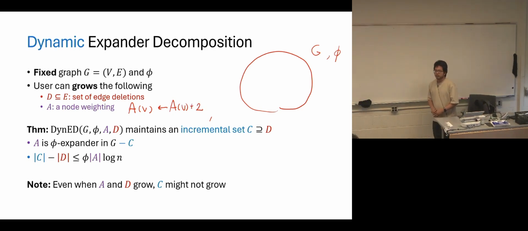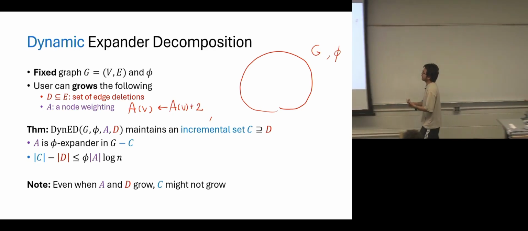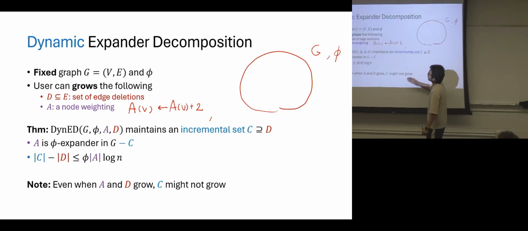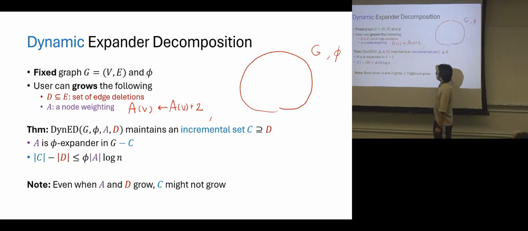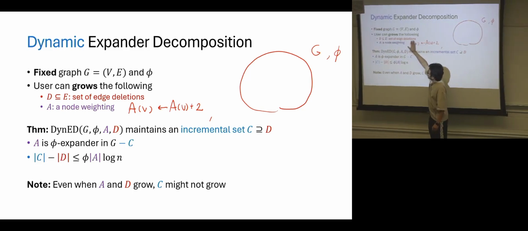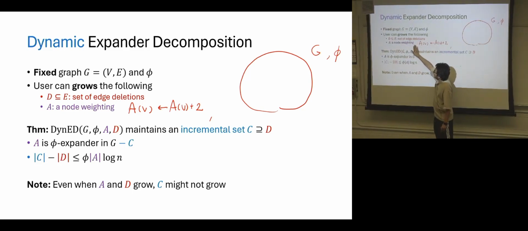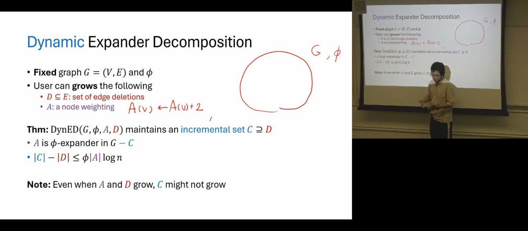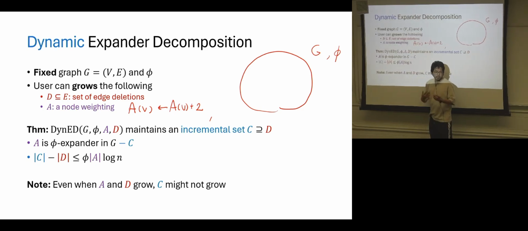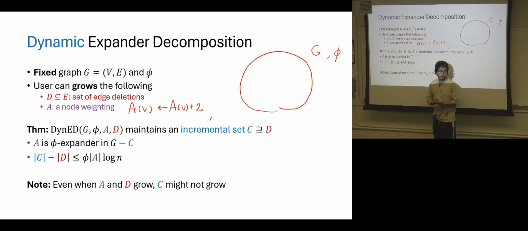So these are the two kinds of updates that the user can do. And the goal is that after these updates, we want to get a new expander decomposition at all times.